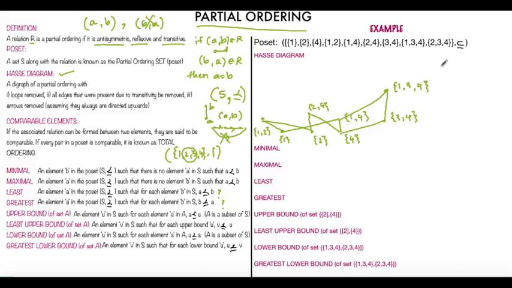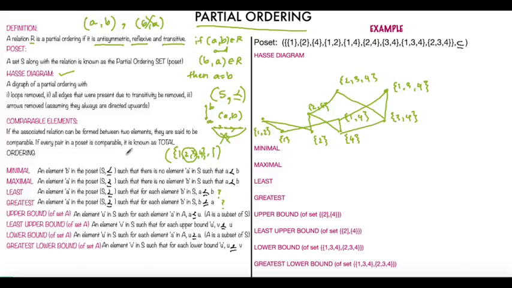Then we have 2 3 4, so 2 3 4 is obviously a superset of 2 4, but it's also a superset of 3 4, correct? So it is also a superset of 2 4 and then 2 3 4. Okay, and then 1 3 4 is from 1 4 and then 1 and 4. Okay, and it's also a superset of 3 4 and 2 4. Okay, so this is our Hasse diagram.